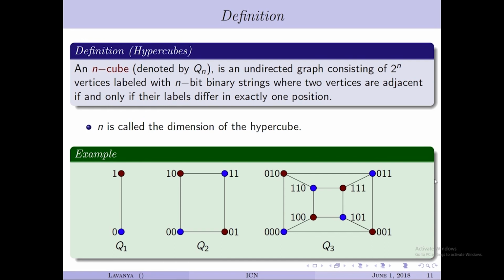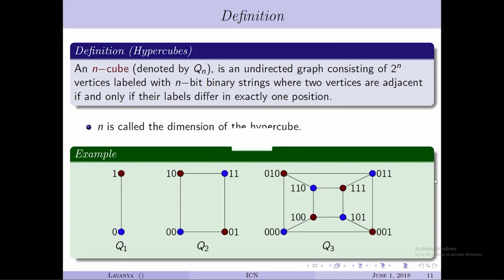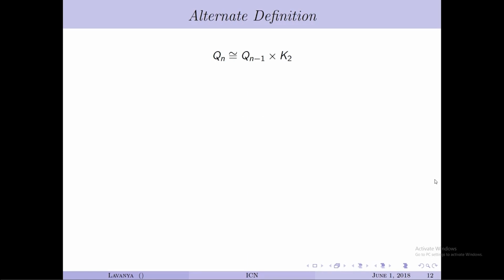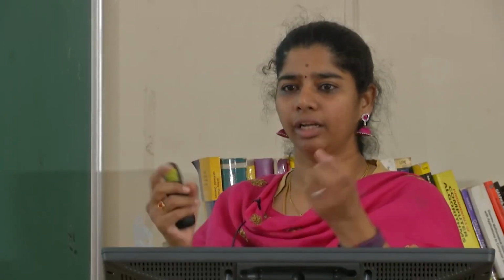Instead of looking at it as binary labels, as mathematicians we always like to add a structure on top of it, right. So there is another structural definition using the Cartesian product. Already I defined what Cartesian products are, right. If you have two graphs G and H, then G cross H is going to have vertices as tuples, u comma v.